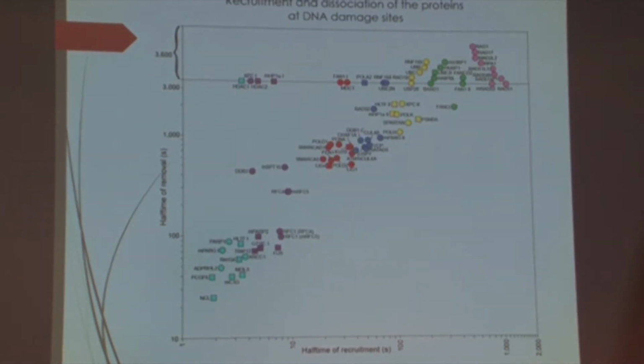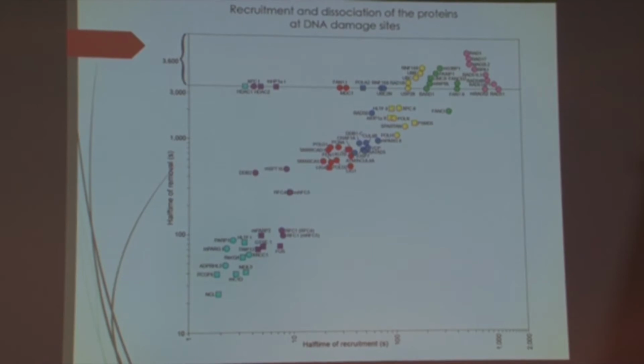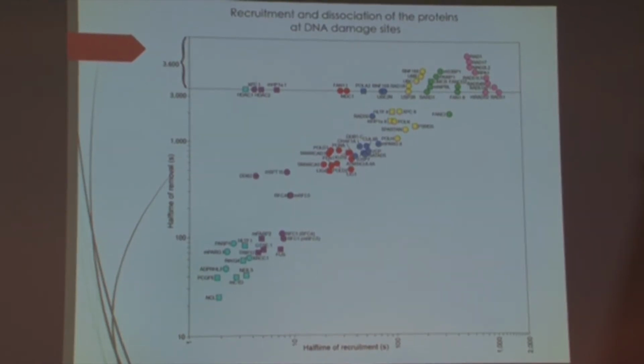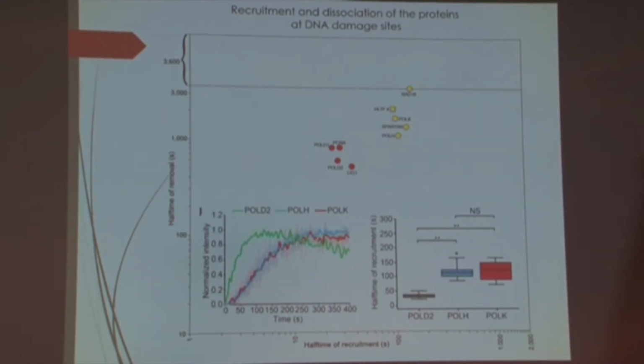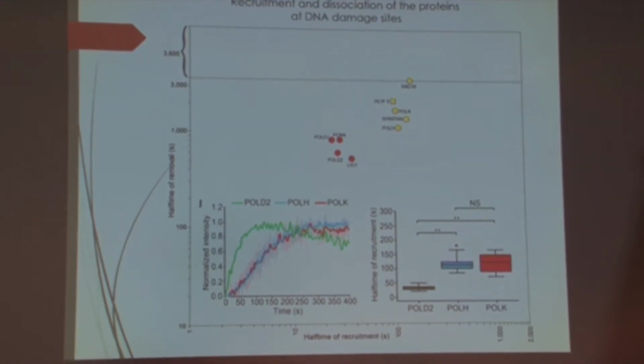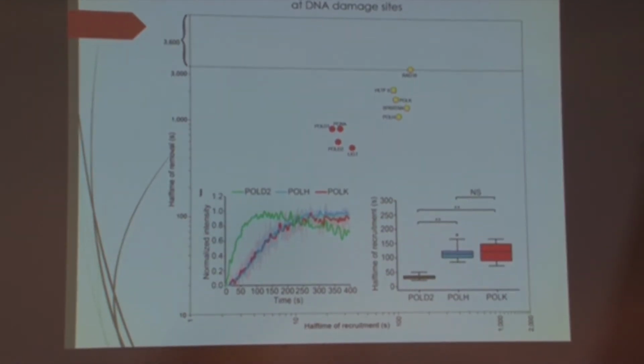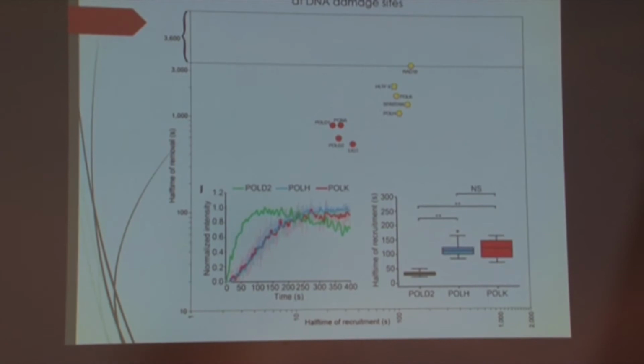Okay, this is the kinetics of the recruitment and removal of the proteins. I don't have time to compare all of them, and I will point your attention to three phenomena. The first one is that proteins which participate in error-free DNA synthesis are recruited earlier than the proteins which participate in translesion synthesis.